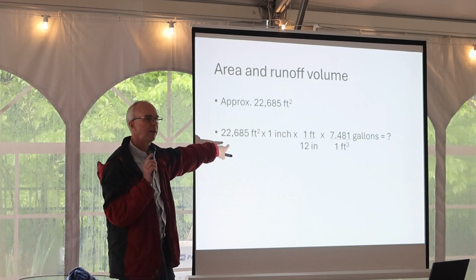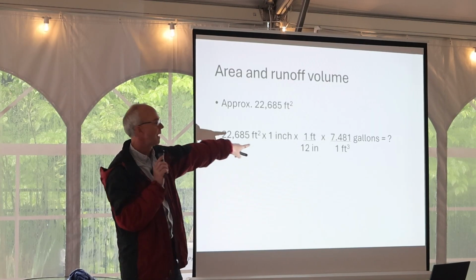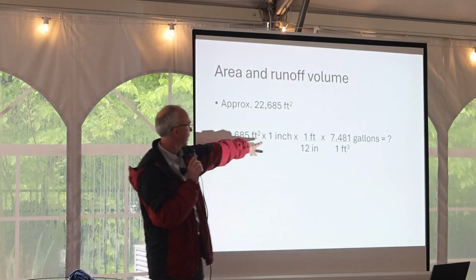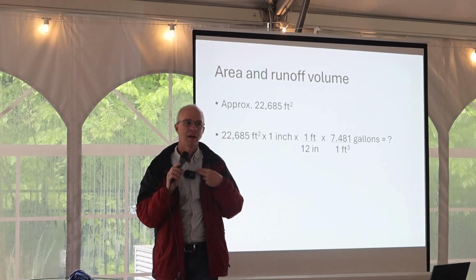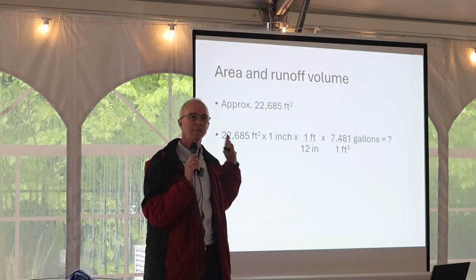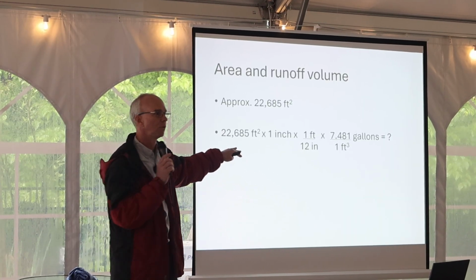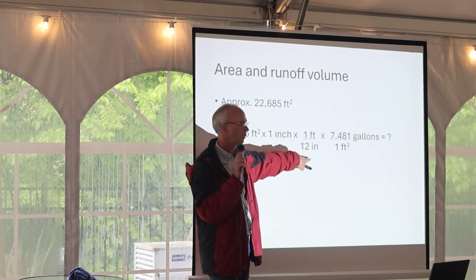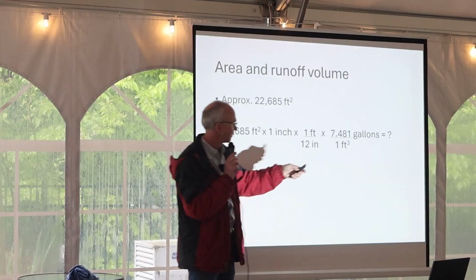So here's the calculation. This is something useful for the students if you'd like to have them figure out how many gallons are going to come off of that watershed. So 1 inch of rain. I'm going to send an homage to my high school chemistry teacher who told me this unit conversion method, which I still use to this day and teach my students. So we just use equivalents here. 1 foot equivalent to 12 inches, 7.481 gallons in 1 cubic foot.